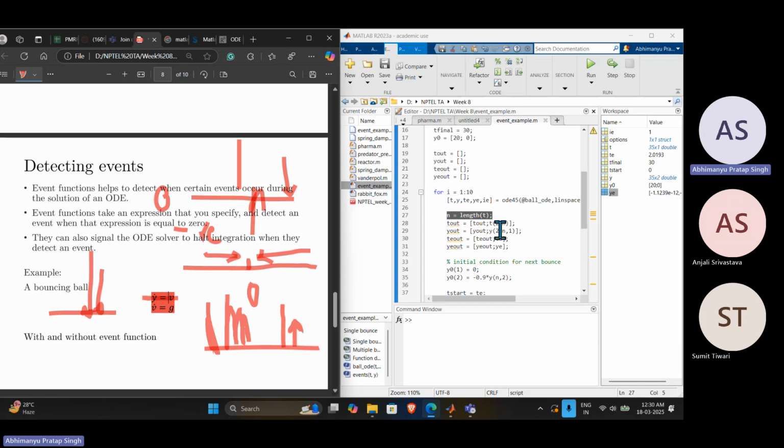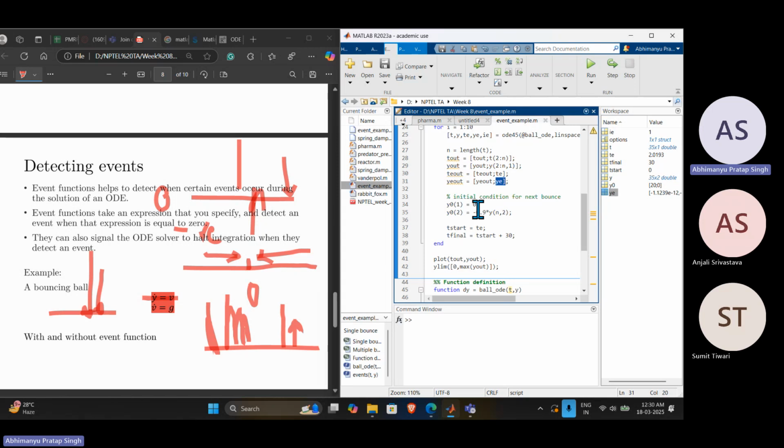Similarly, I'm taking all the y values from the second time step to the nth time step. I'm not taking the first element of this vector, because that is already included in the previous y, right? So I'm taking only the height in this part, and this is the height when the ball is touching the ground.